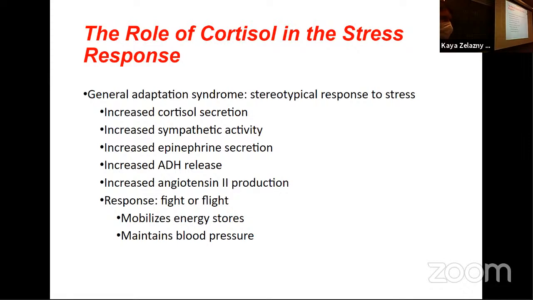So we're mobilizing our energy stores, right? We're going to start using up things we've stored in the body so that we can produce more ATP, so that we could use our muscles to either run away or fight something. And we're maintaining the blood pressure also so we can keep active, right? That's going to be really important, basically.